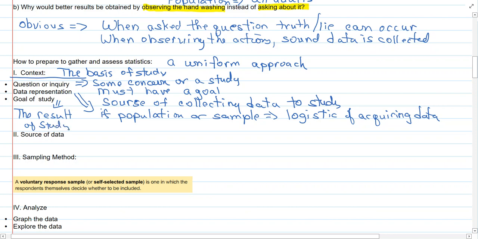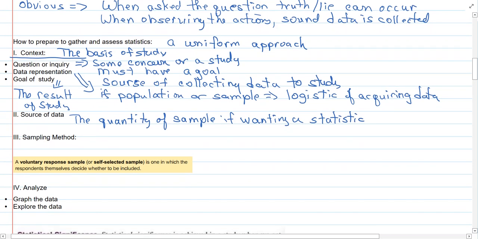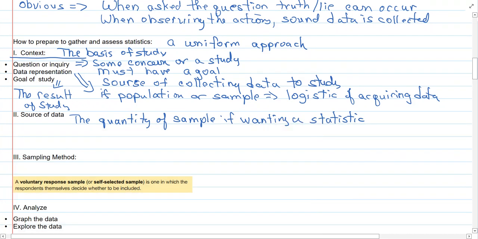So let's look at the source of data. The source is the quantity if a sample; we're wanting a statistic rather than the population, which is the parameter.